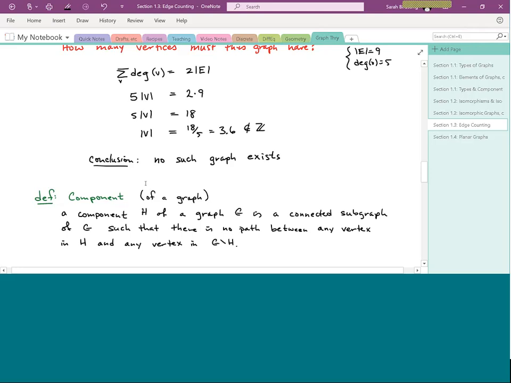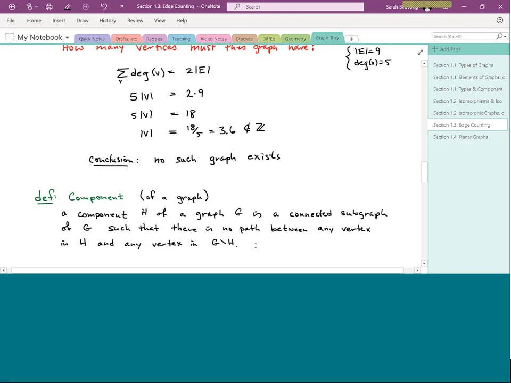The component H of some graph is a subgraph of your original graph G. It's a very special subgraph. Specifically, it has to be connected. It's a connected subgraph of G where there's no path between any vertex in H and any vertex in the parts of G that are not in H.